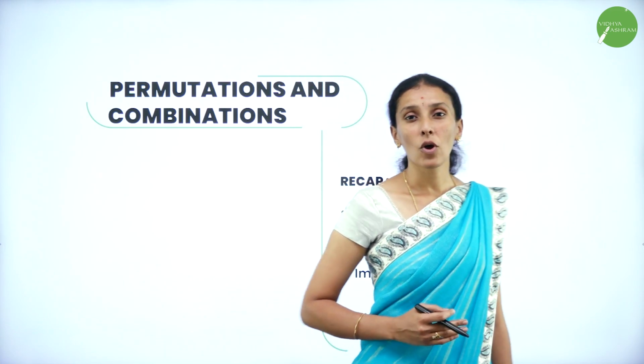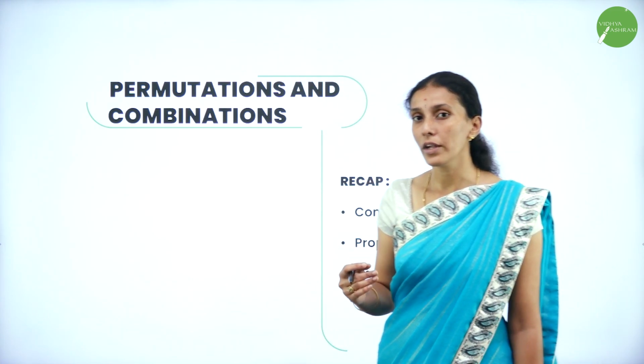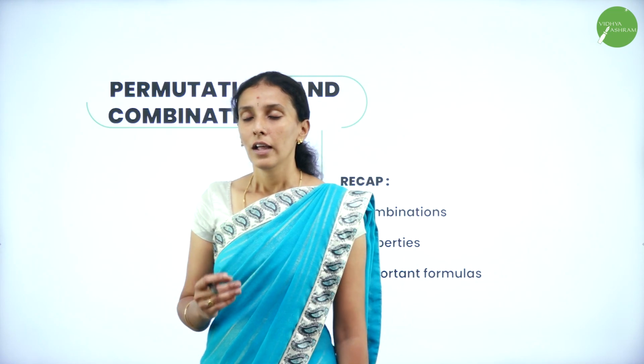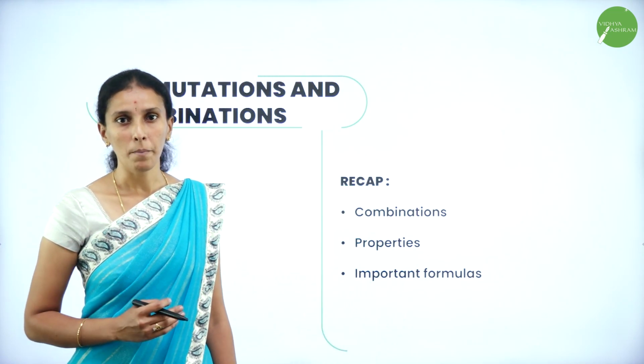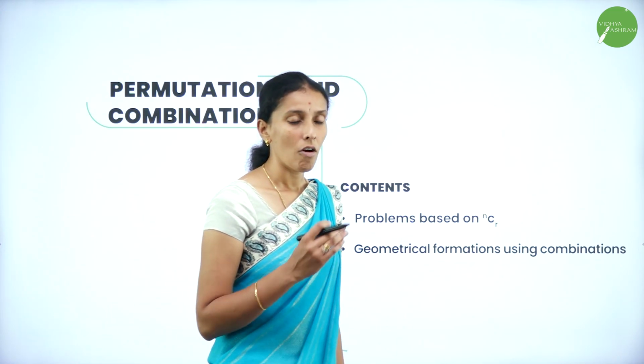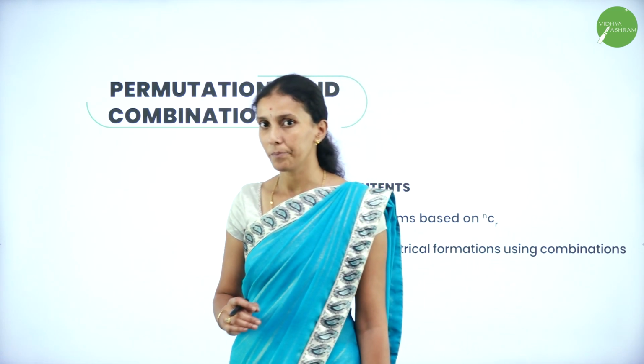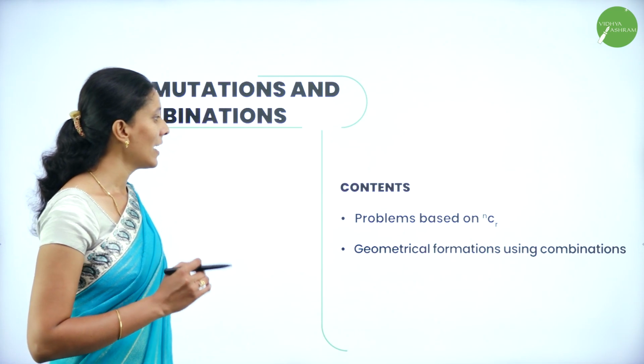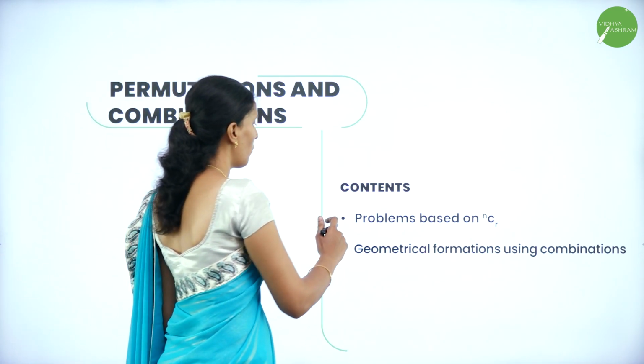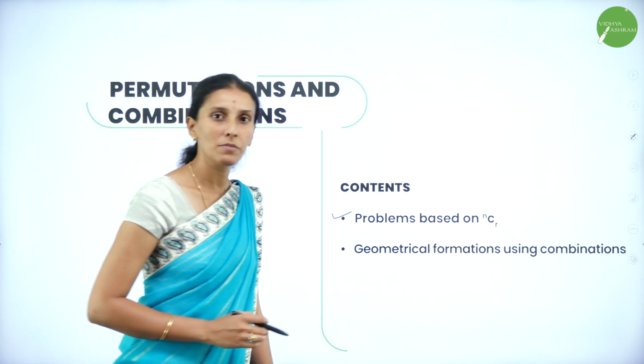So these are the questions we will discuss today. Let me solve some simple problems today on combination, the formula based problems, that is on nCr. So what is my nCr? We will discuss a few problems on nCr.